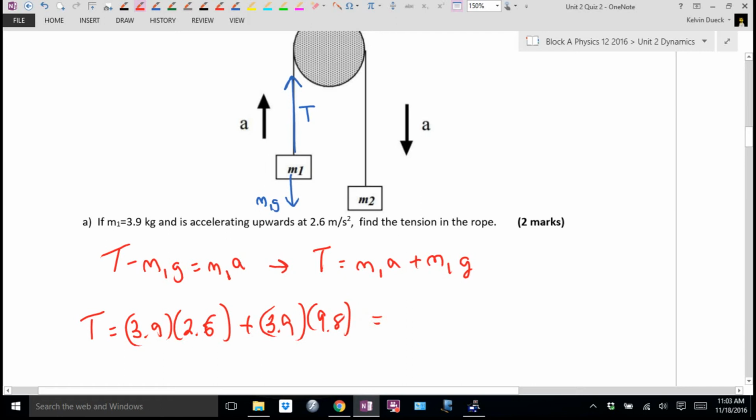Can I do that one in my head? It's going to be times 12.4, maybe. 4 times 12.4 would be a 48 plus a 1.6, so it would be a 49.6. Nah.